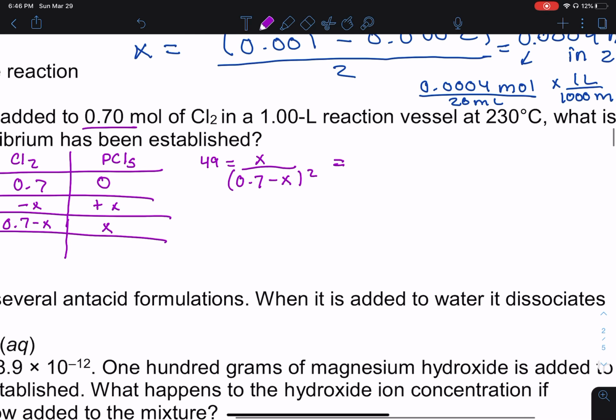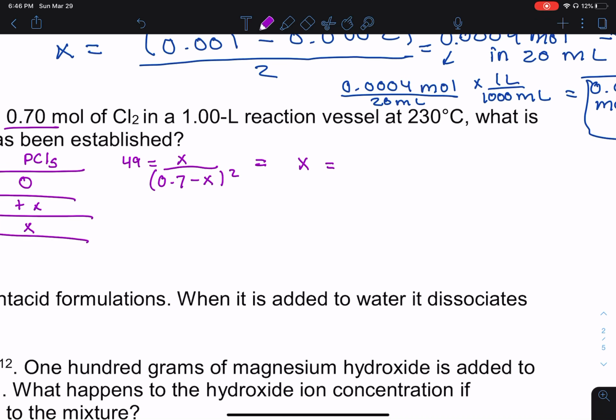So what we have to do is x is equal to 49, right, times... and basically what we did here is we expanded this, right? And that will help us figure out what x is.